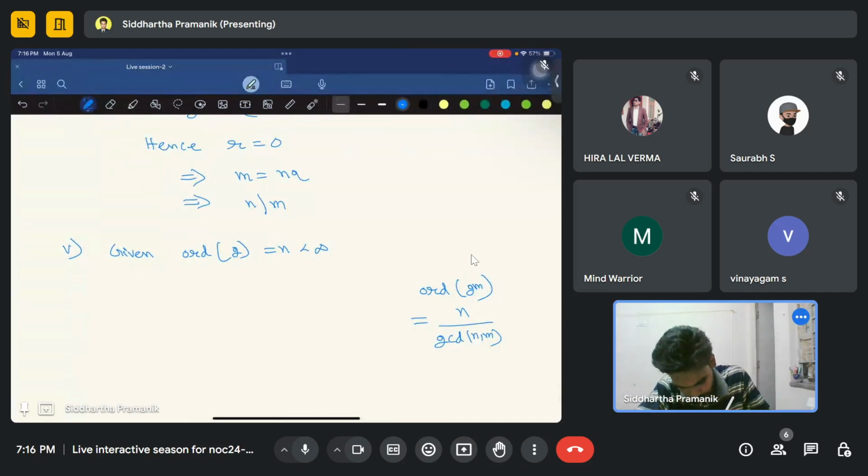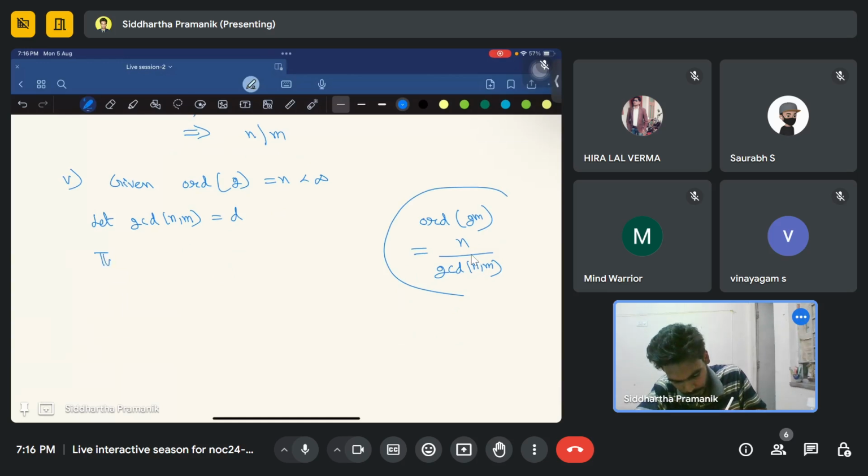So let GCD of n comma m equal d. Then d divides n as well as d divides m, right? So we can write n equals n1 times d and m equals m1 times d.